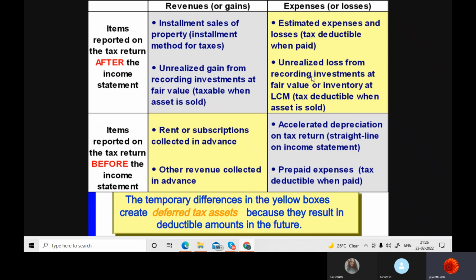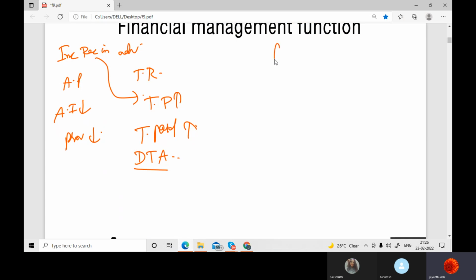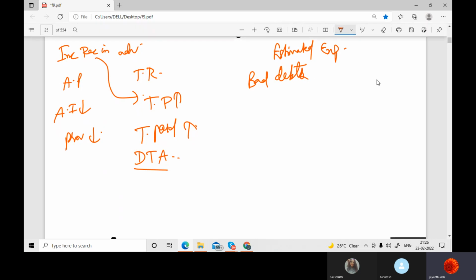And the next point here, estimated expenses and losses. In the accrual concept, you estimate expenses, such as bad debt expense, because out of your business experience, since we've been doing business for a long time, you know how much bad debt you would incur every year. So you make estimates. These kinds of estimates have no place in income tax returns, because estimates are a concept of accounting.